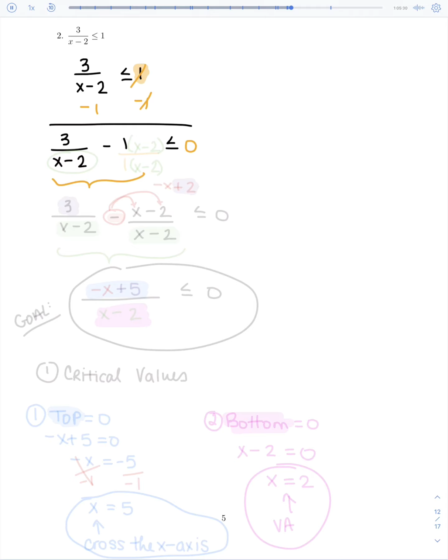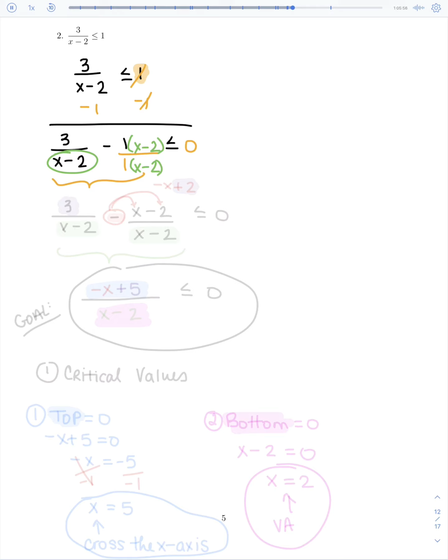Remember, any number can be rewritten as itself over 1. Then I need a common denominator of x minus 2, so I'm going to multiply the top and the bottom of my 1 by x minus 2. Let's see what that does for me.